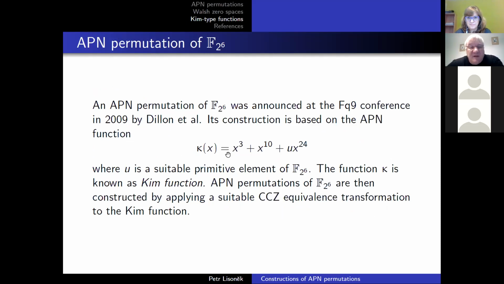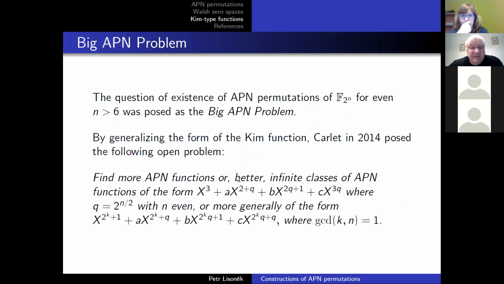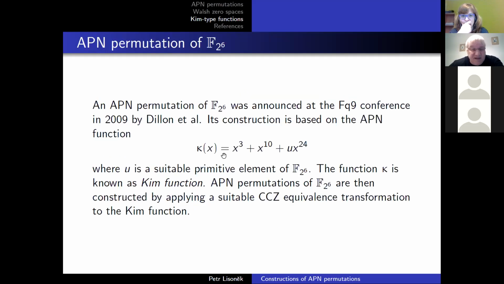I mentioned before Dillon's construction of the APN permutation in dimension 6. That was based on a special function, which is called the Kim function. And then they did the CCZ transformation that I described before, and got an APN permutation. So of course, there was interest whether this can be generalized to higher dimensions.